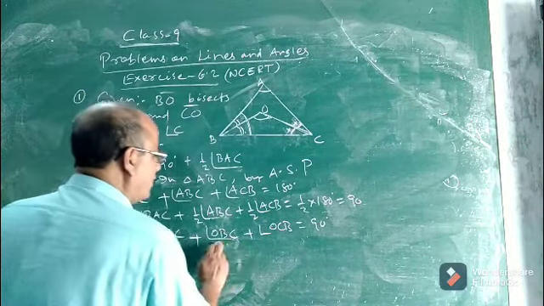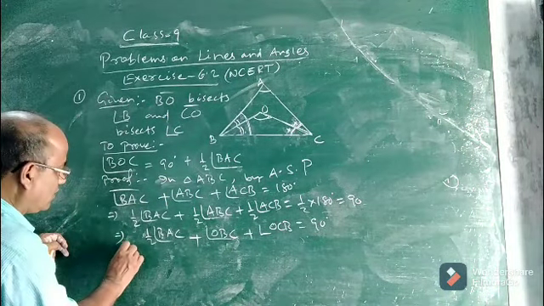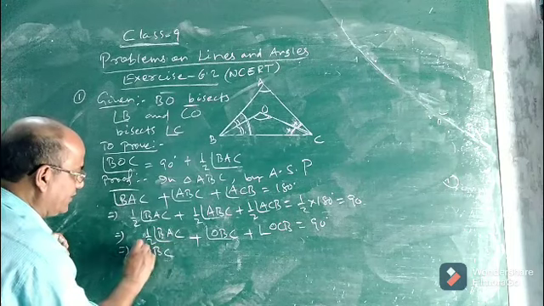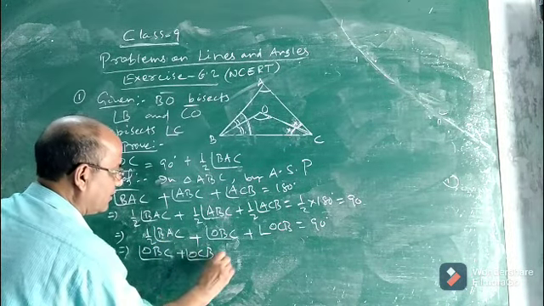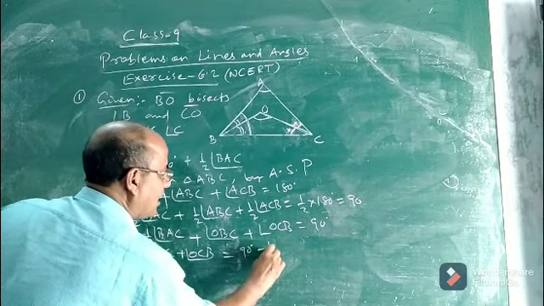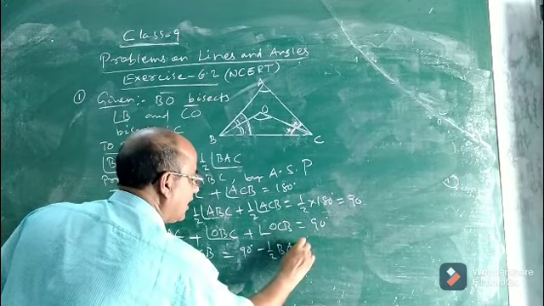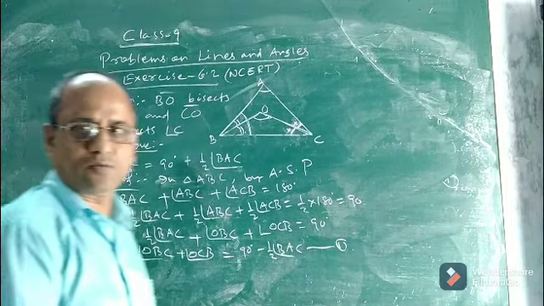Now what will be the value of OBC plus OCB? It will be 90 minus half BAC. Let this be equation 1.